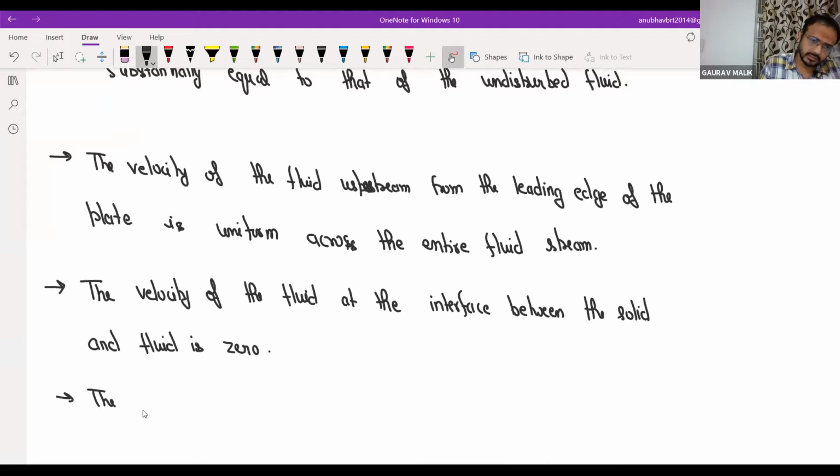The curve changes slope rapidly near the plate.